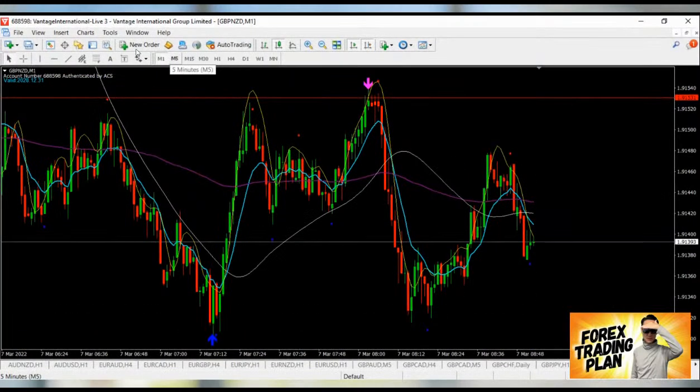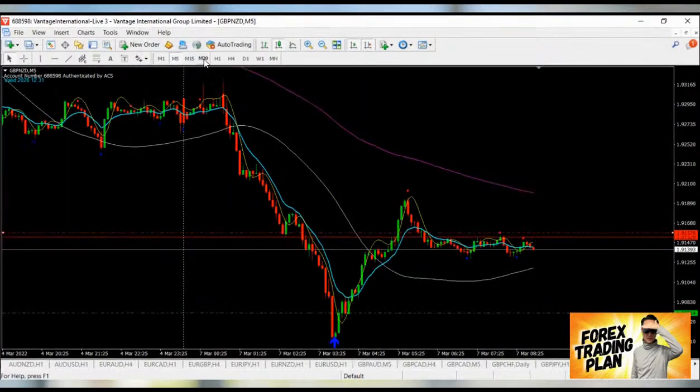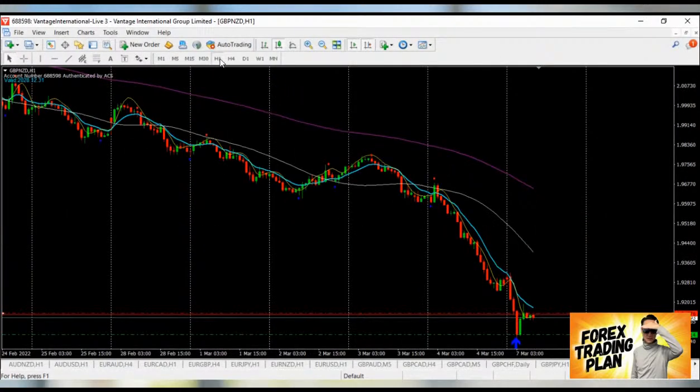Pound kiwi again. By looking at pound kiwi, tentatively the spread is also very big. This spread is near to 20 pips. It's going to be so crazy, huh?